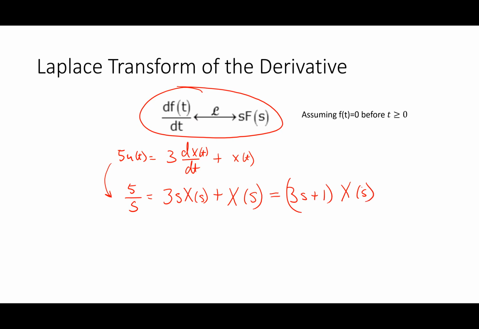What you did in differential equations is you would have ended up here writing this as 5 over s times 3s plus 1 equal to x of s. And you would have broken this up using partial fractions.